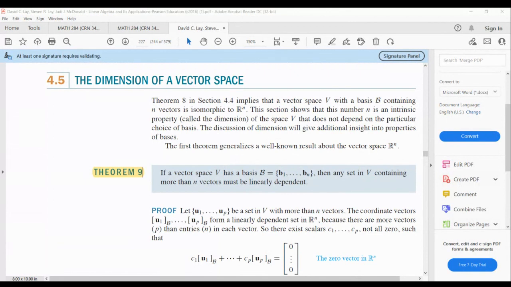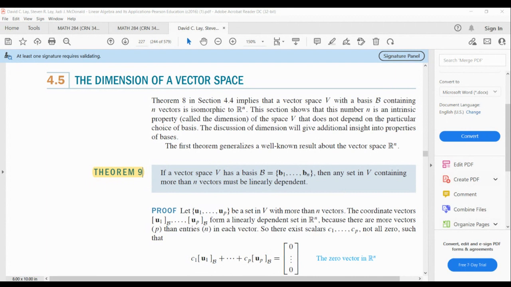I mean, in practical terms, all that is saying is that to have a basis for a vector space, you have a certain number of vectors that are needed. And if you go over those, if you have a set of vectors that includes more than that, you're not going to have a basis anymore.